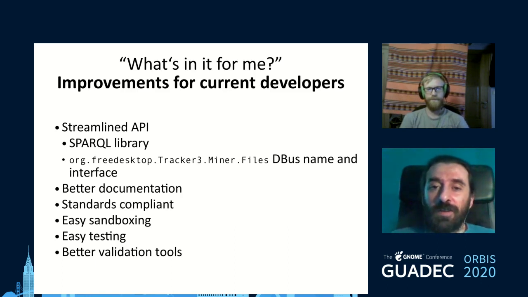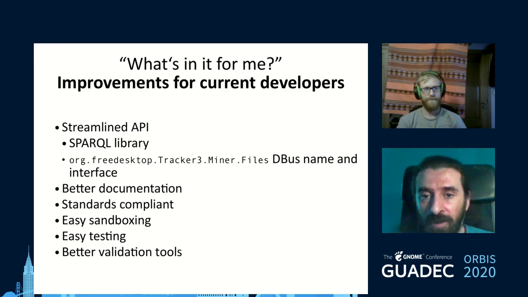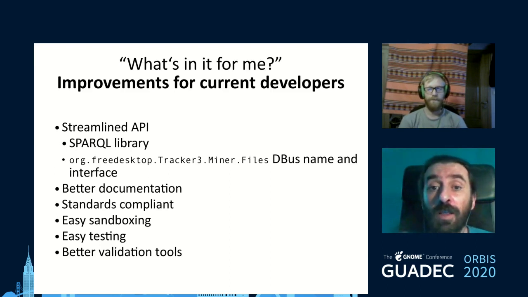It doesn't fit the picture as well for Tracker being a core SPARQL thing. So basically, we've streamlined the API into the SPARQL library, which is the Tracker Git module.